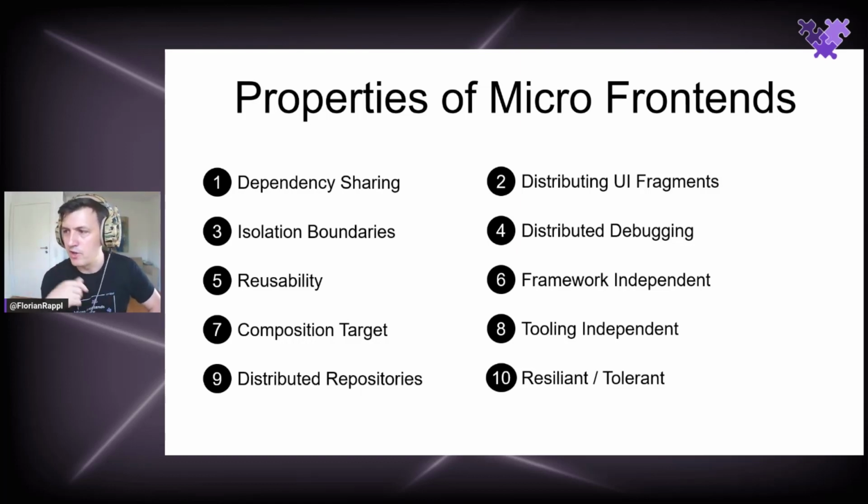As an example, bullet point number 4, distributed debugging, and number 9, distributed repositories, they can be conflicting. While, of course, a good micro frontend solution allows to debug certain things and also, of course, have this distribution aspect covered in here, that you also have your source code now scattered across repositories usually doesn't help.